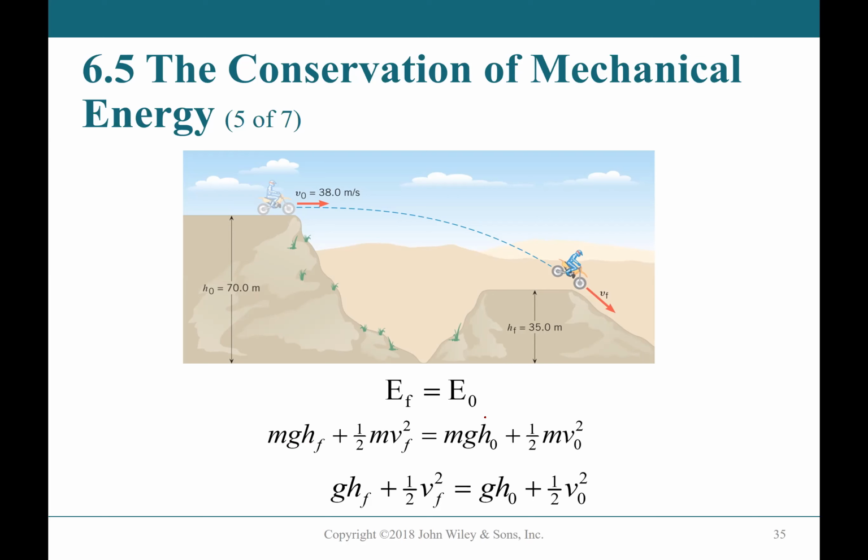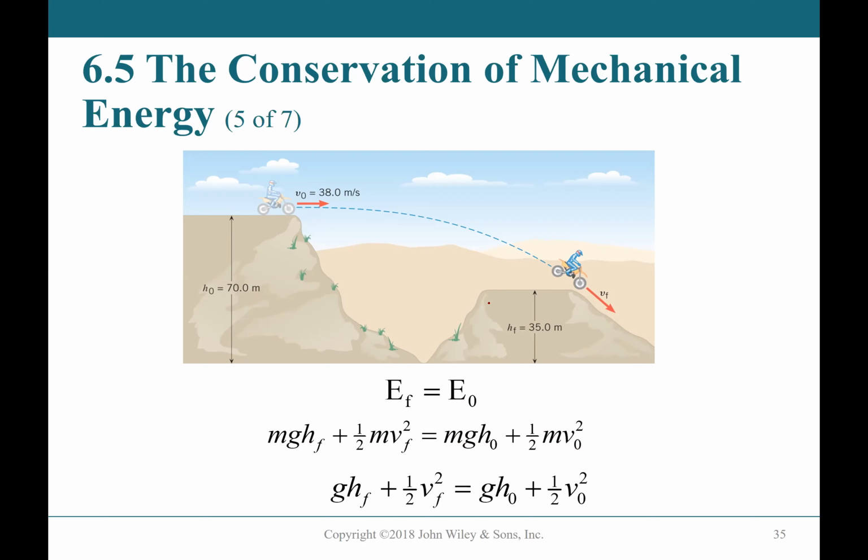Also, the energy initial is what? Potential plus kinetic. Now, once I write this equation, you see I have m, the mass, in every term. So therefore, the mass can cancel. And that's why they didn't give you the mass, because it wasn't even needed.